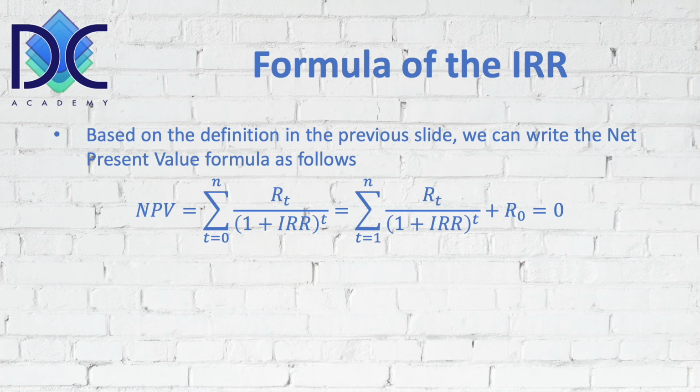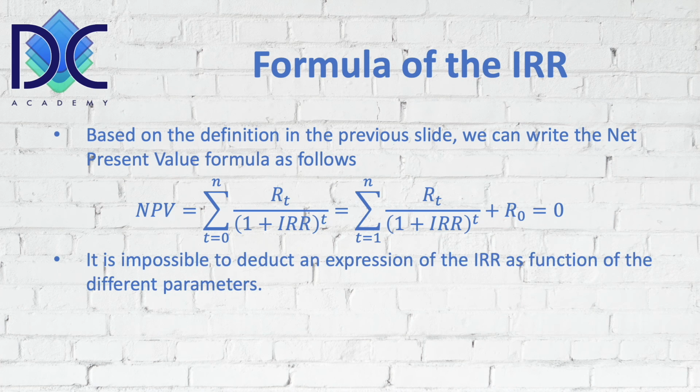Basically, when we are looking at the formula for the IRR, we have to use the net present value formula, and the net present value formula in this case has to be equal to 0, and we have to change the interest rate by the IRR.